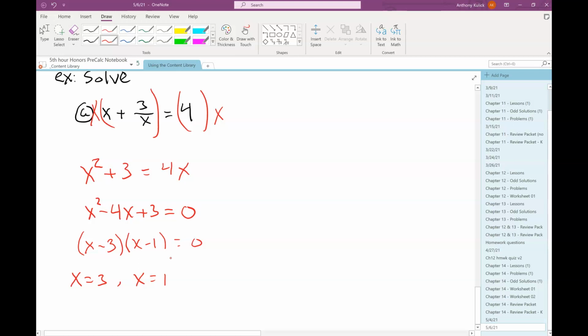All I need to do is check to make sure when I plug my solution into the denominators that it doesn't make a 0 denominator anywhere. And here, since the denominator is just x and my solutions are non-zero, clearly they're both fine, right? But I do need to at least make a brief check to make sure of that.